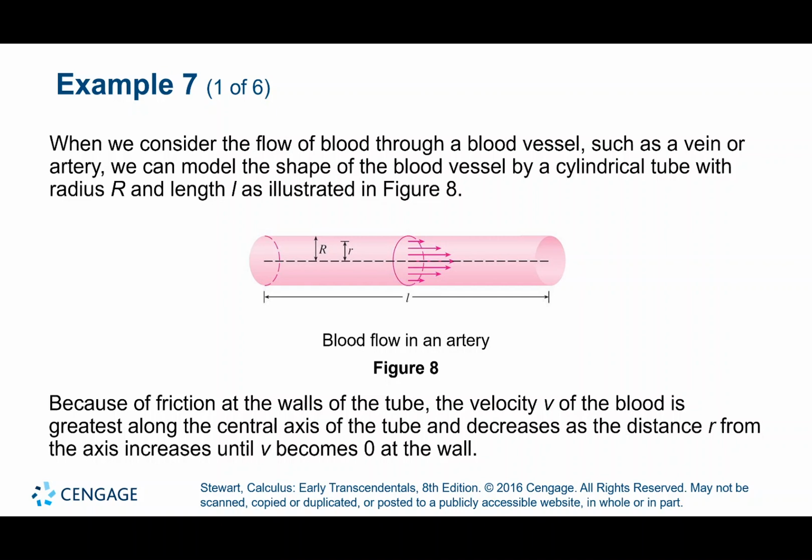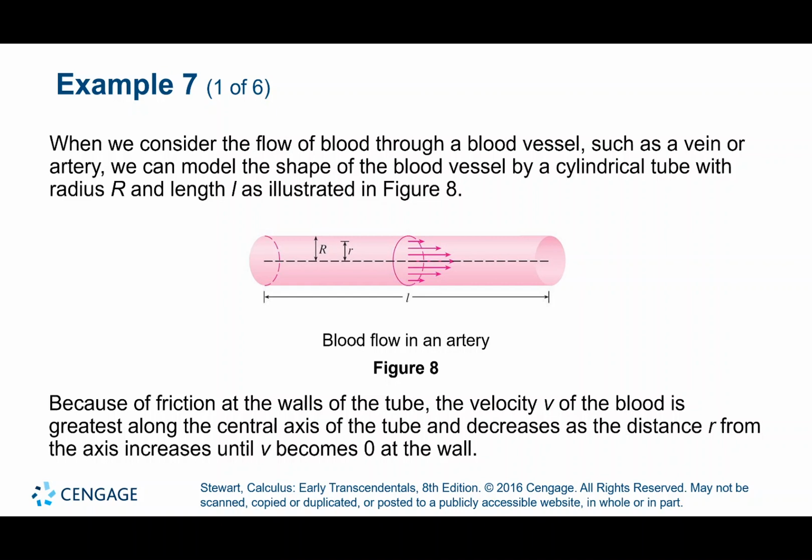Maybe something you don't think calculus would come into, but you need it when we're talking about blood flow. Here we're almost in the biomedical engineering type of area, because we're talking about laminar flow through blood vessels.